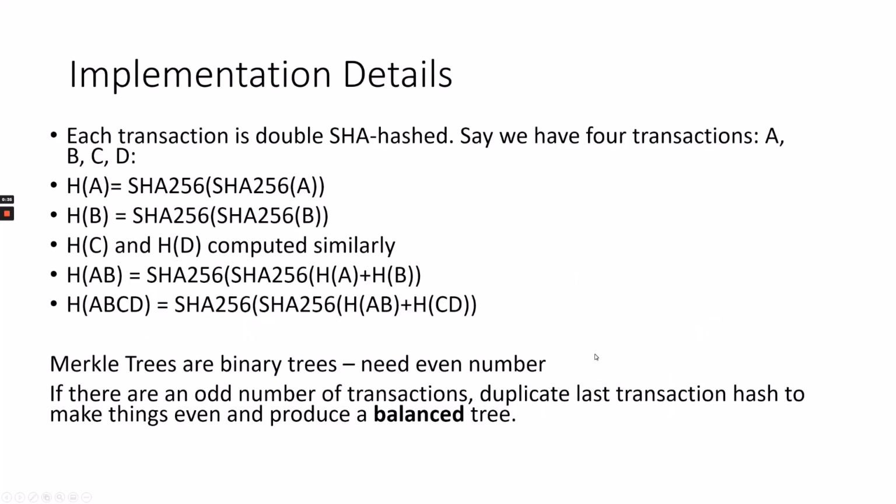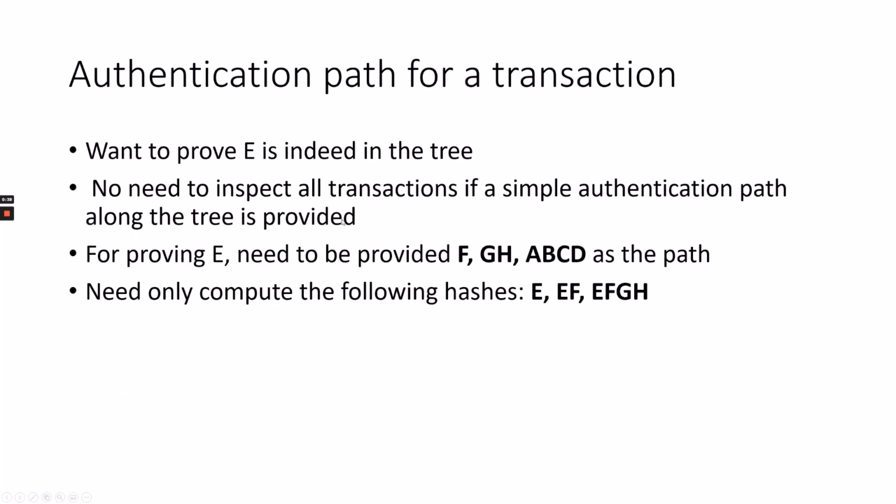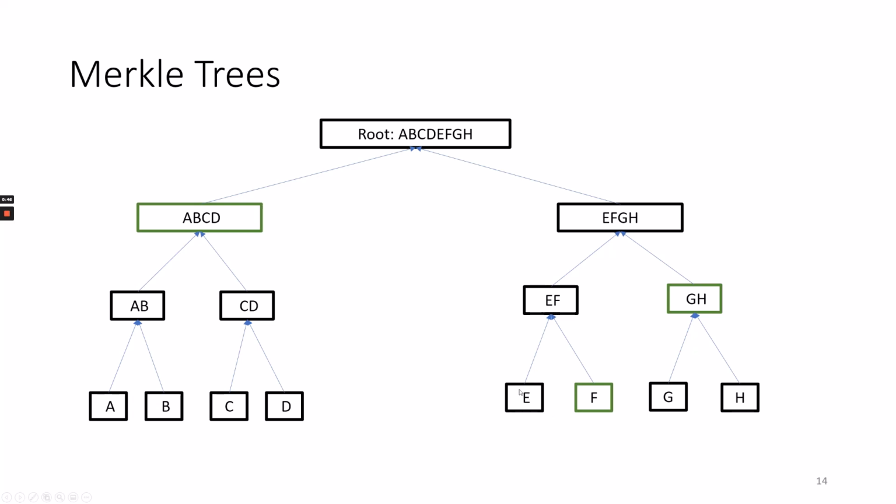We can do that in logarithmic time, given certain values. What we need to prove this is an authentication path. To prove that E is in the Merkle root, we need just a few other hashes. If we were provided the hash of F, the hash of GH, and the hash ABCD, these three other hashes, we would be able to very efficiently conclude that E is in fact in this tree.